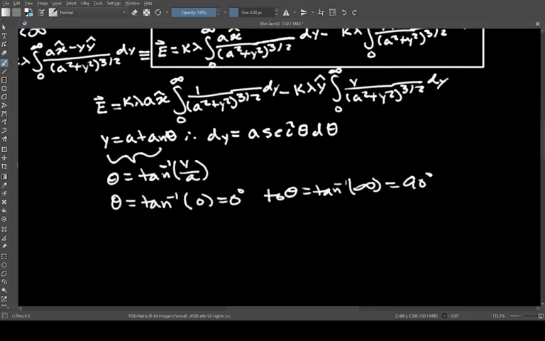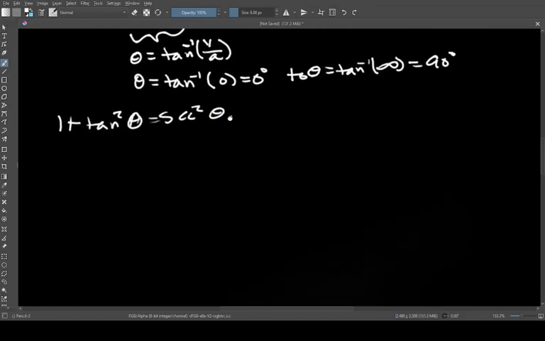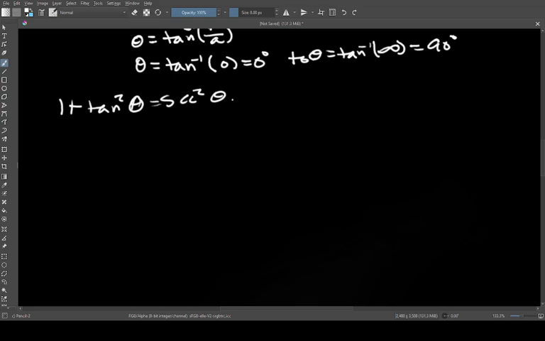Also remember that the denominator of this integral will simplify using the trig identity 1 plus tan squared theta is equal to secant squared theta. So, let's see.